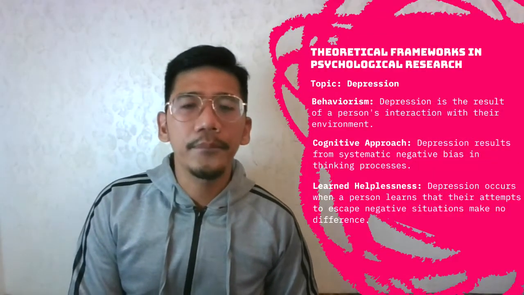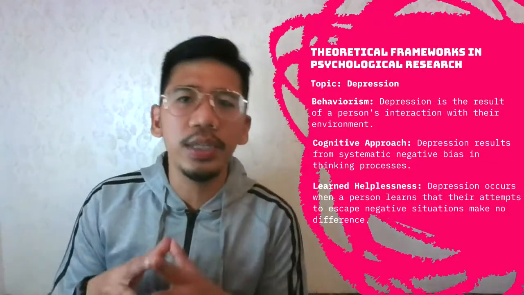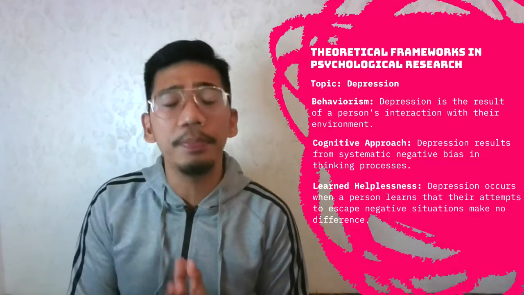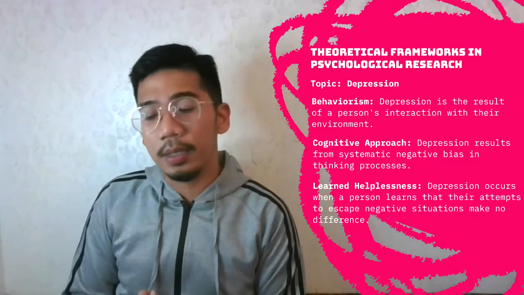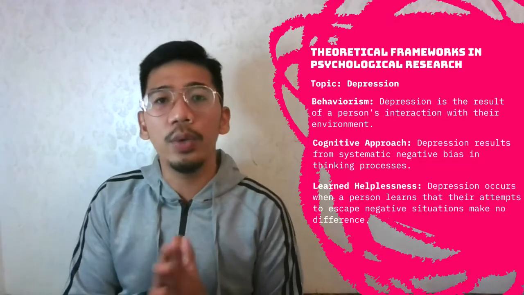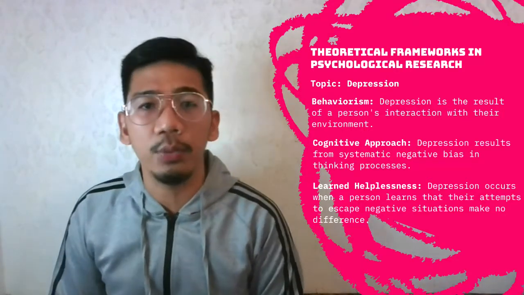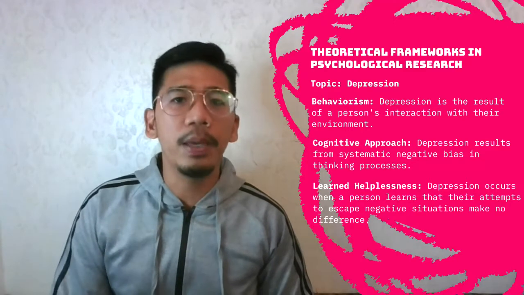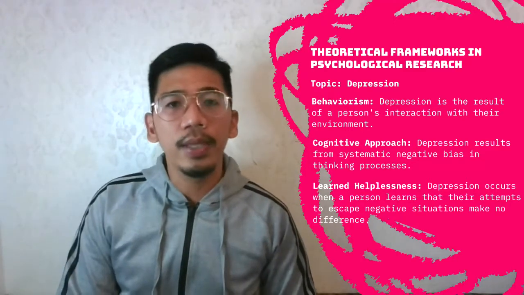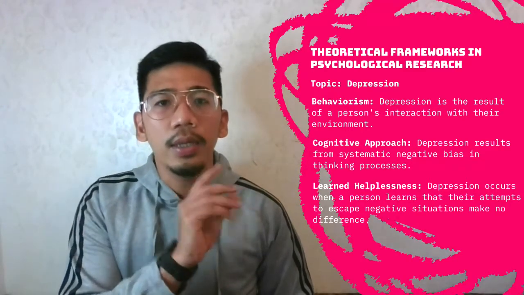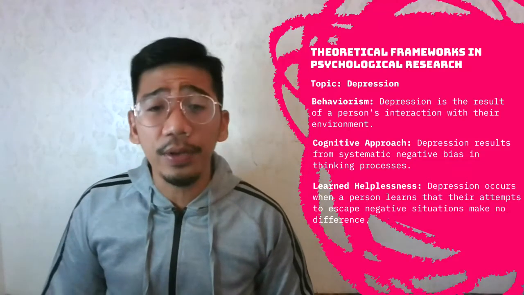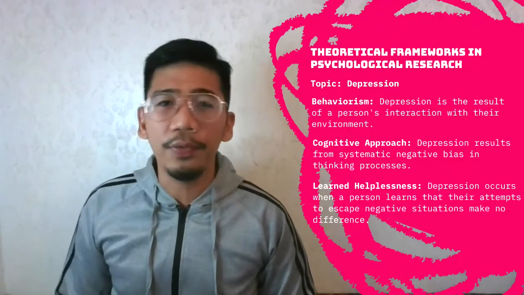Now, the same research topic can be approached very differently within different theoretical frameworks. Let's say that your topic revolves around depression. As you see here, the same topic can be viewed differently through the lens of different theories.